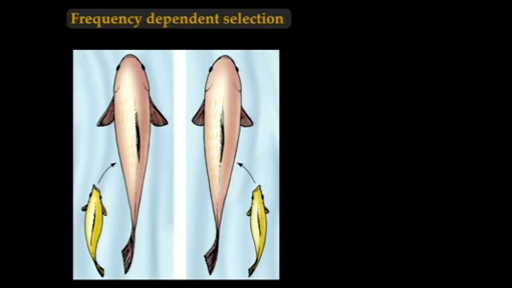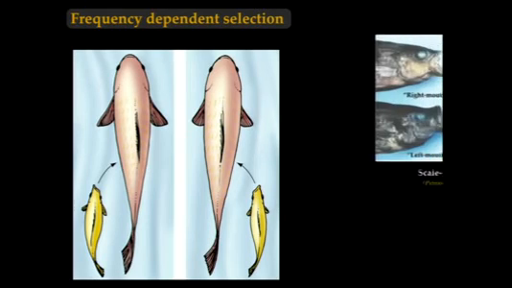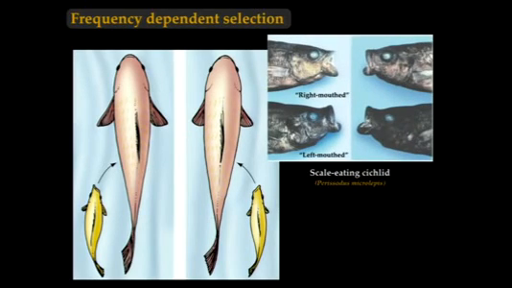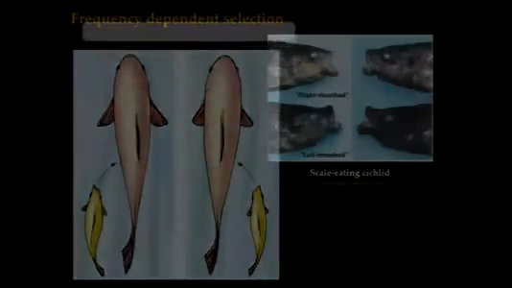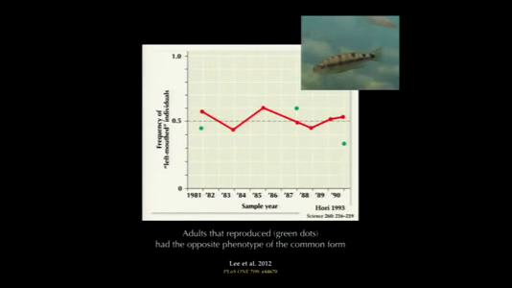Whether you're a left-mouthed fish or a right-mouthed fish in this population depends on one genetic locus. And there are some actual left and right-mouthed fish if you want to trigger your imagination on what they look like. Well, what these investigators did was to follow across the years, and it's a very inadequate sampling, very inadequate set of data, but it was collected under difficult conditions and has received some subsequent support.